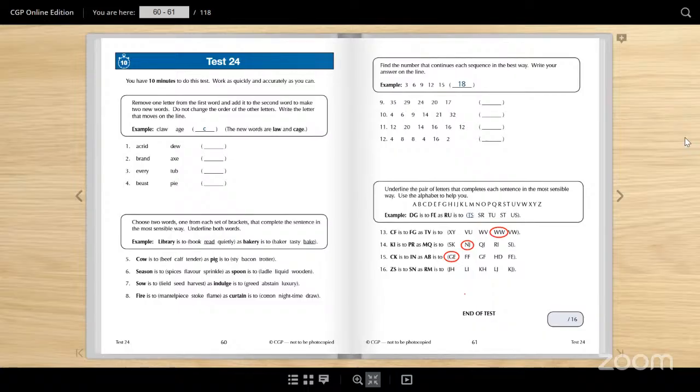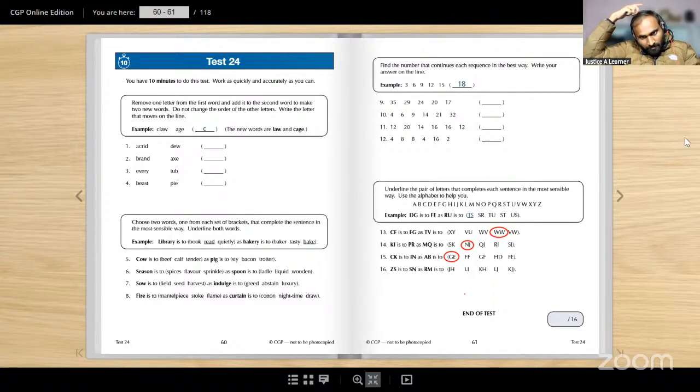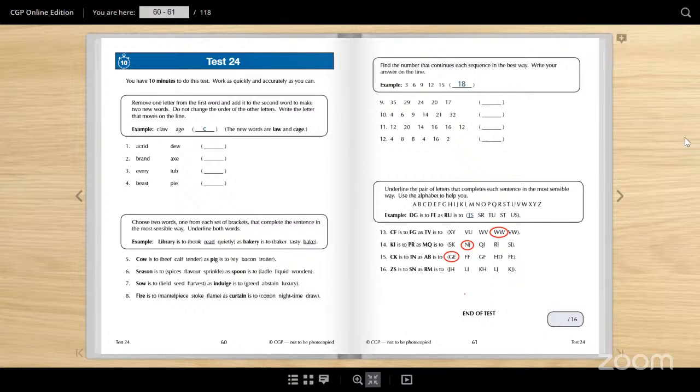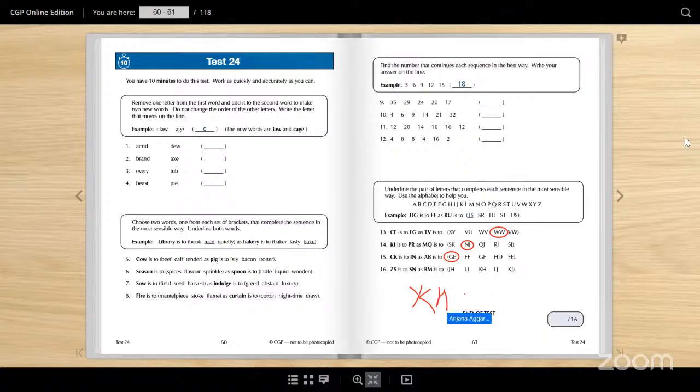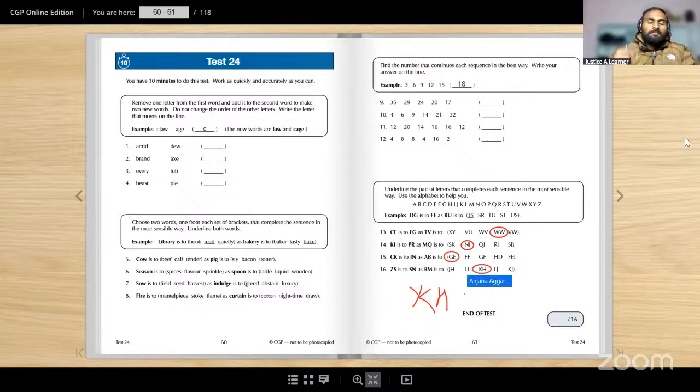P. I told you it's K. Okay. Now last one. 16. Good job. Well done.